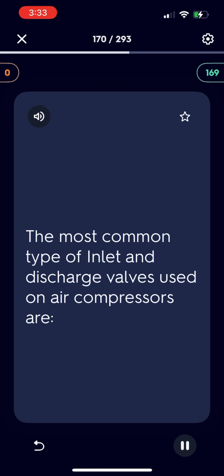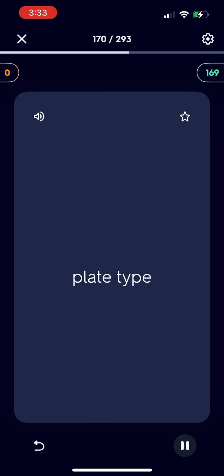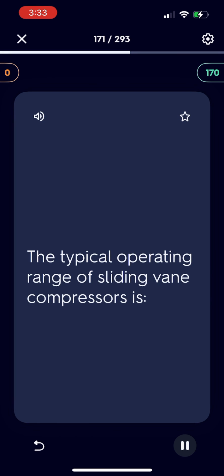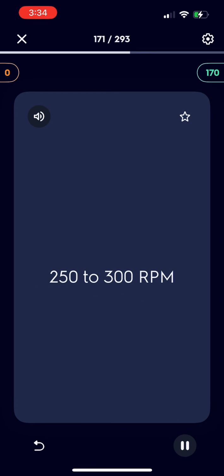The most common type of inlet and discharge valves used on air compressors are display type. The typical operating range of sliding vane compressors is 250 to 300 RPM.